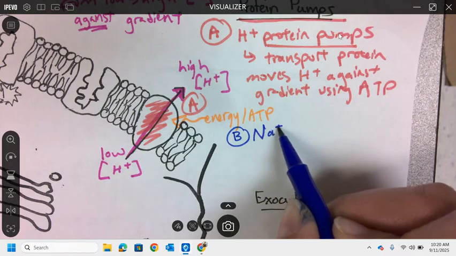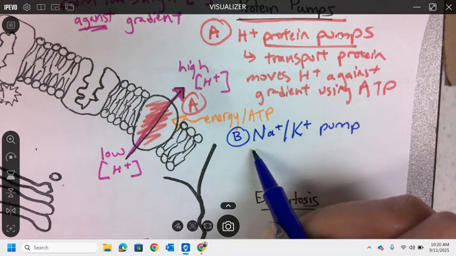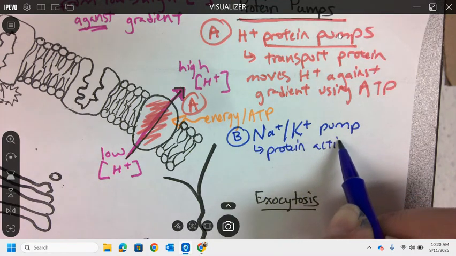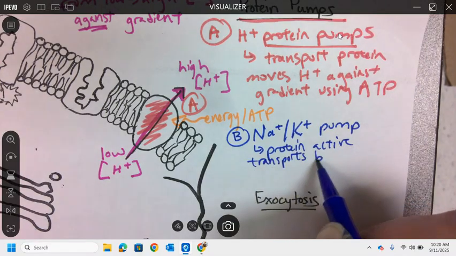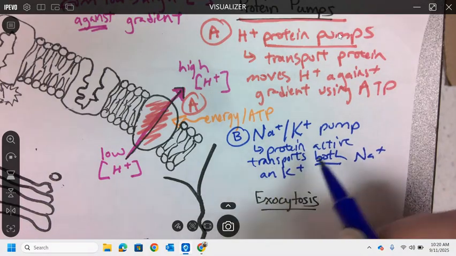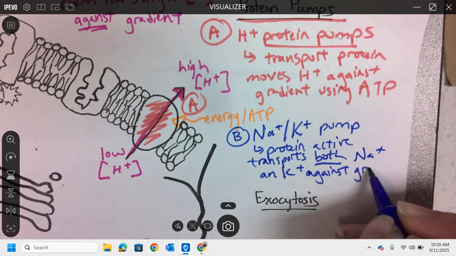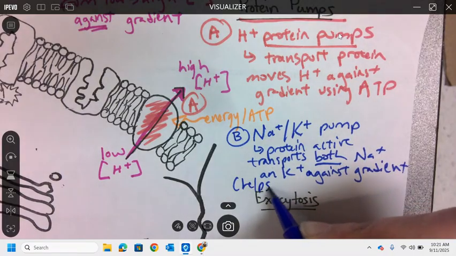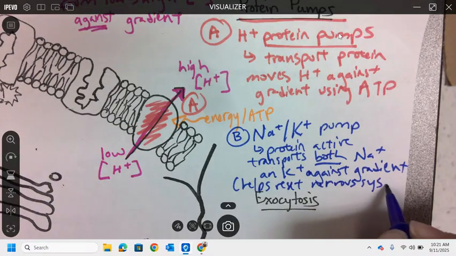So the sodium-potassium pump is a protein that actively transports both sodium and potassium against the gradient. And this helps reset the nervous system after it sends a signal.